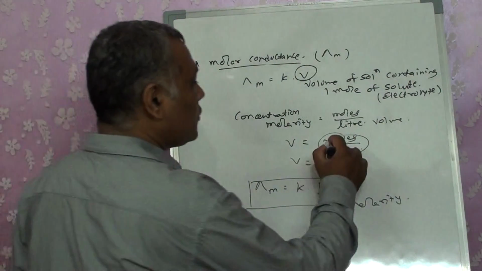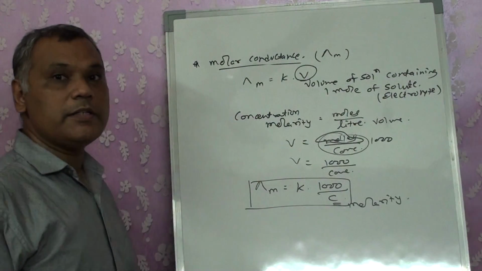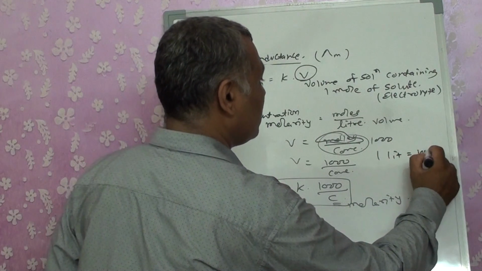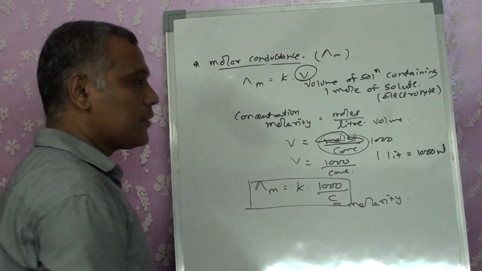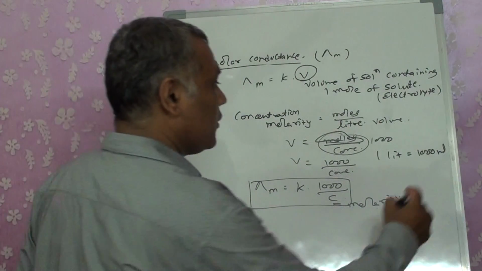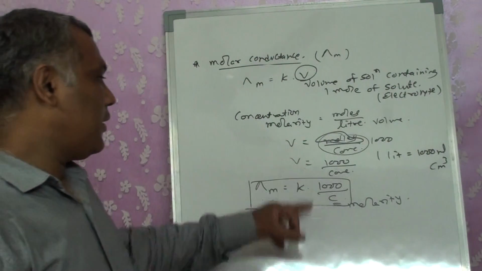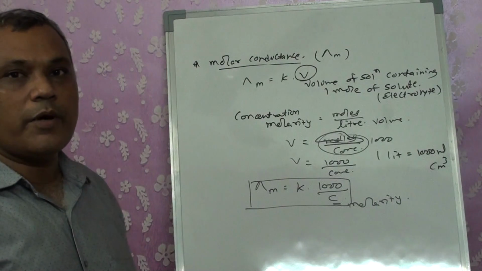We took it as 1000 because it's moles per liter, and 1 liter equals 1000 ml, and we take these terms in centimeter cube. That's the reason why molar conductivity equals 1000 K by C.